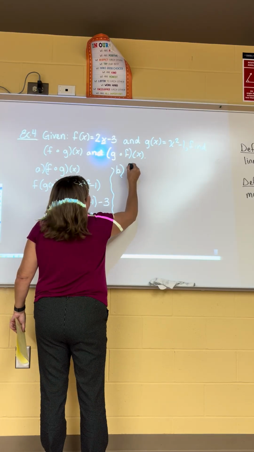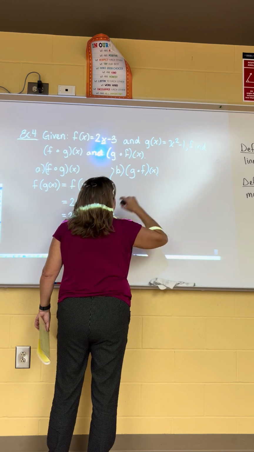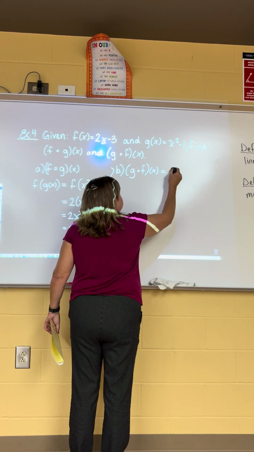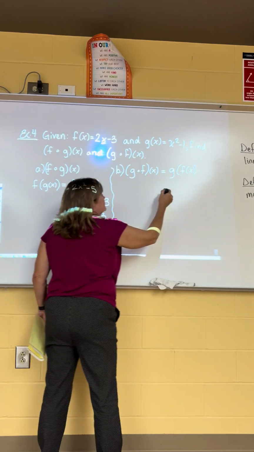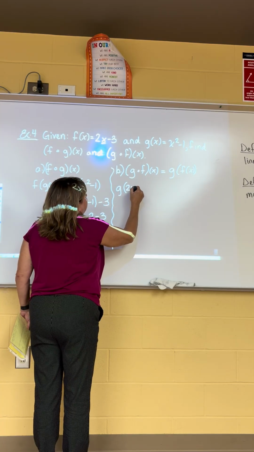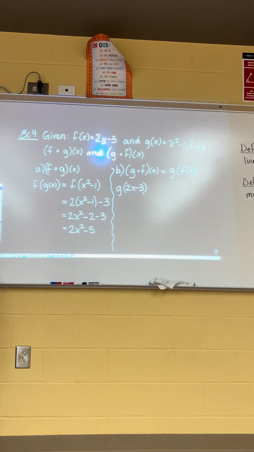Okay, now we're going to do g of f of x. Kenny, I'll post them. Okay, g of f of x. That's going to be g of 2x minus 3. I should probably do this on the next page. Maybe we have enough room.